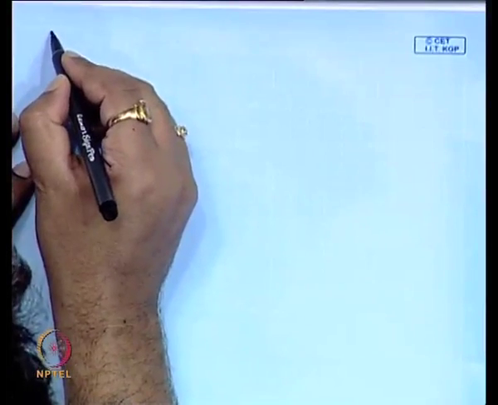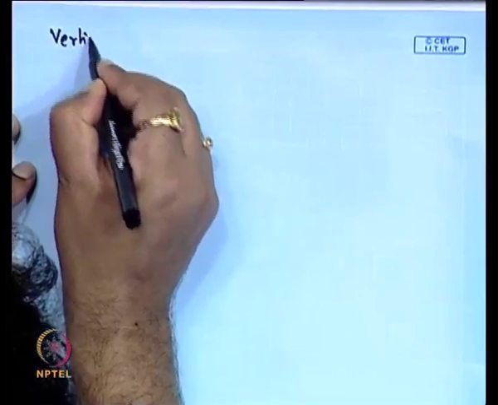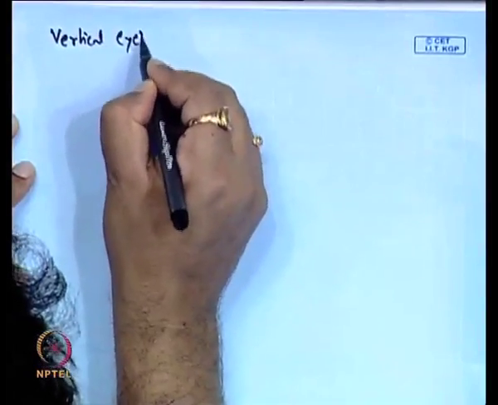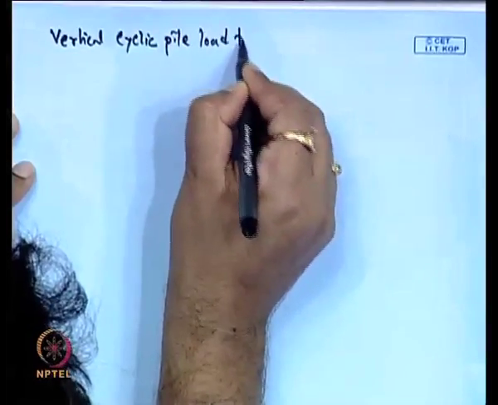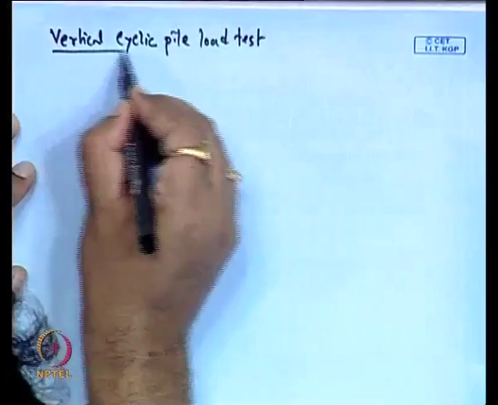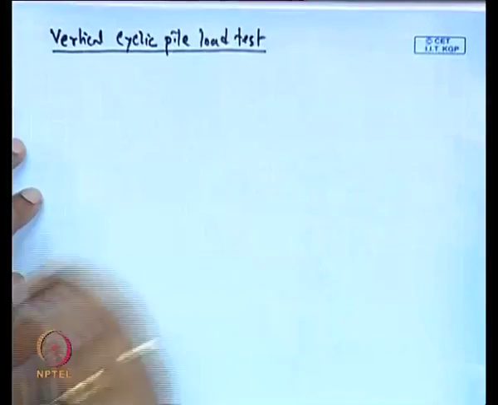This is the previous graph for the static pile load test, and this is for the vertical cyclic pile load test. This test is limited only to the initial test, not the routine test.